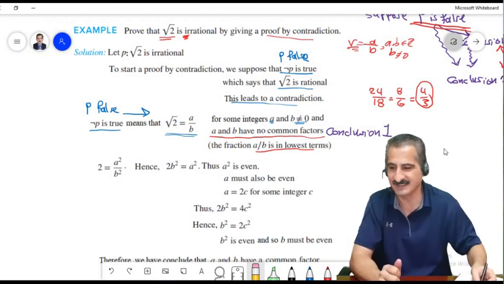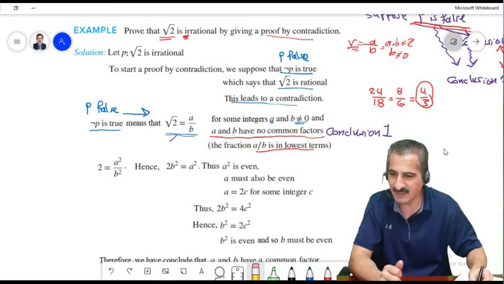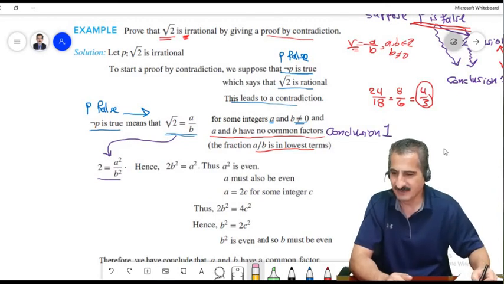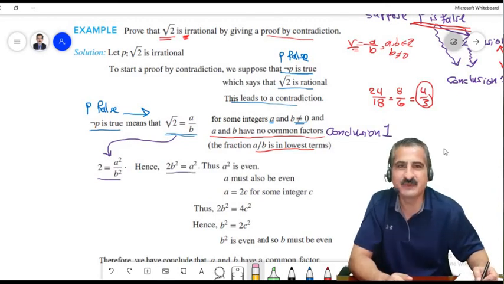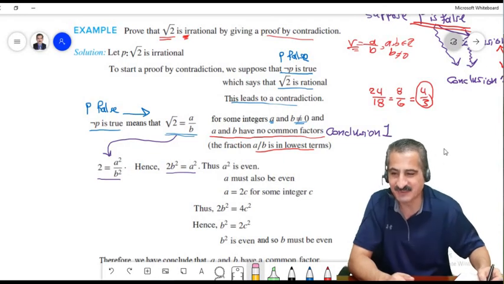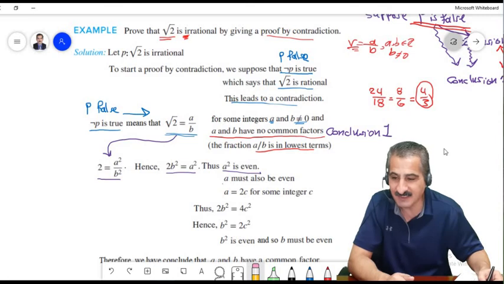And let us see. Now, if we have the square root of 2 equal to that, then square both sides, we get this. So, A squared equals 2 times B squared. That means A squared is even. A squared is even, that means A must be even. Good?